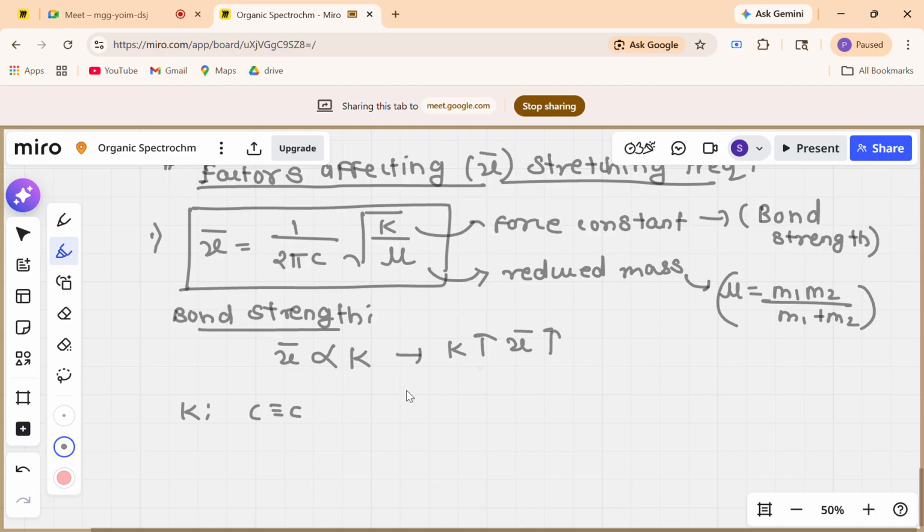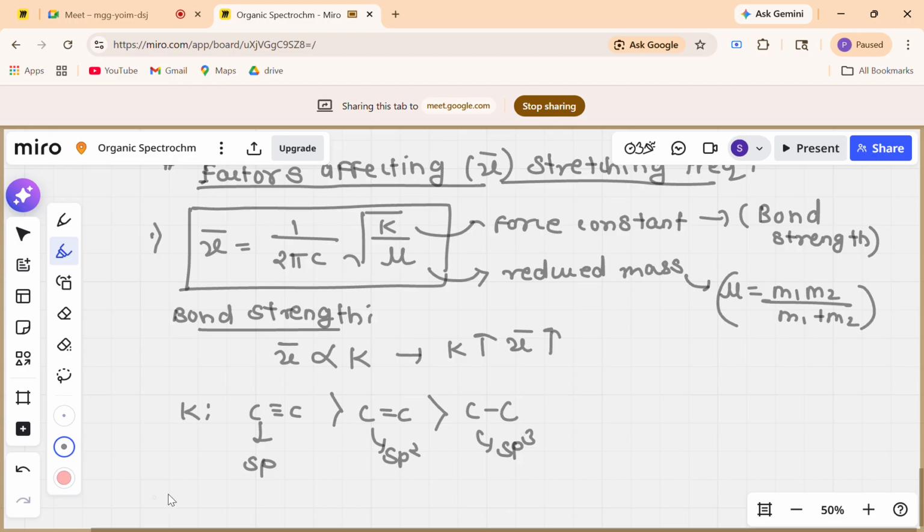If we consider the example of a molecule containing a triple bond versus a double bond versus a single bond, as you know the triple bond will be stronger, the bond length will be less, or in other words the bond strength will be higher.